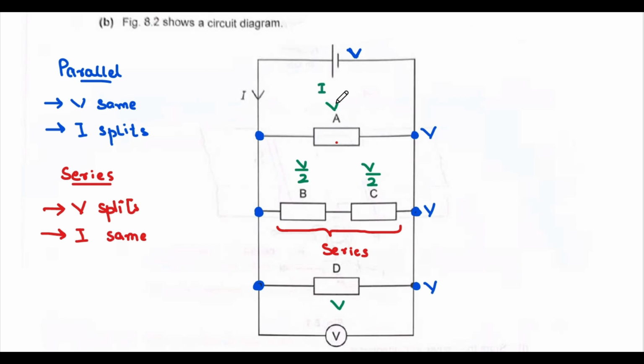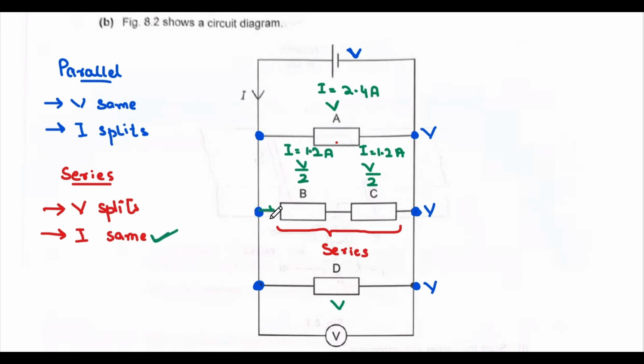The current across resistor A as given by the question is 2.4 amperes, and we have to find the current in resistor B. As resistor A is having full voltage, its current is 2.4, and resistor B is having half voltage, so its current would also be half, 1.2 amperes, and C will also receive 1.2 amperes of current. Why? Because current in a series combination is the same.